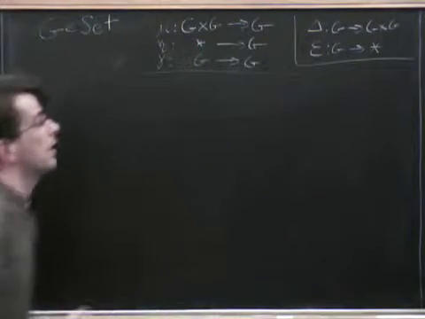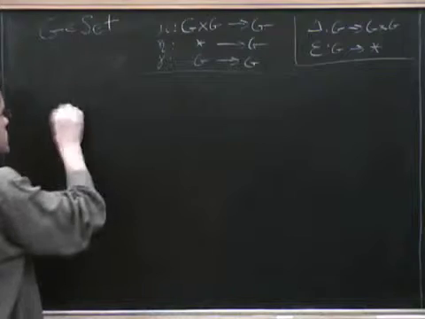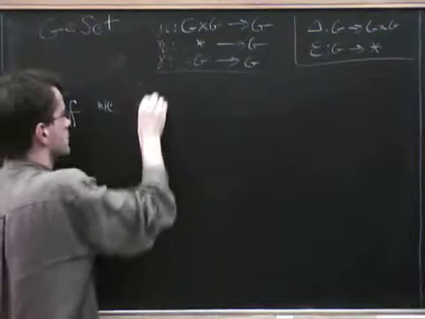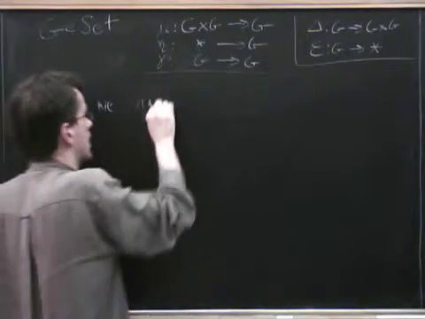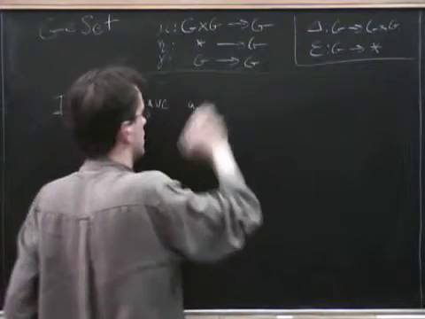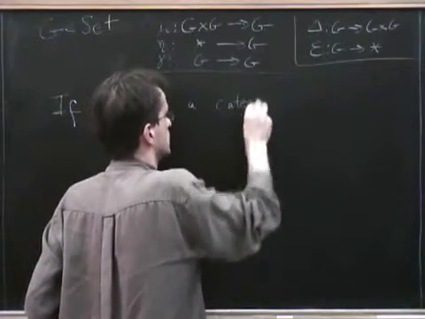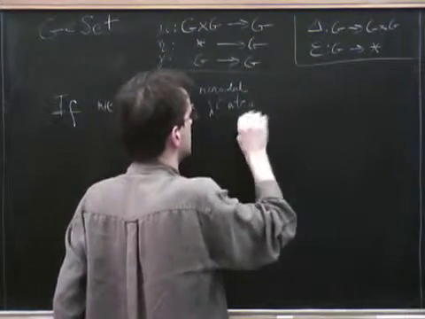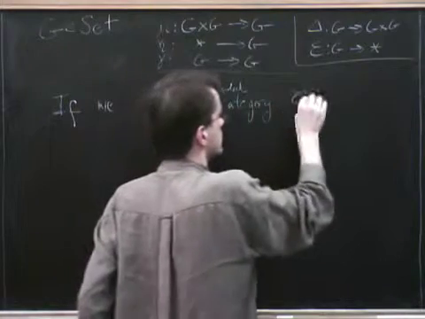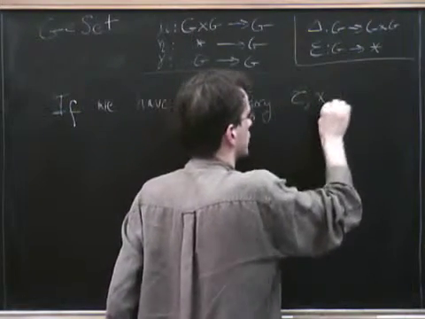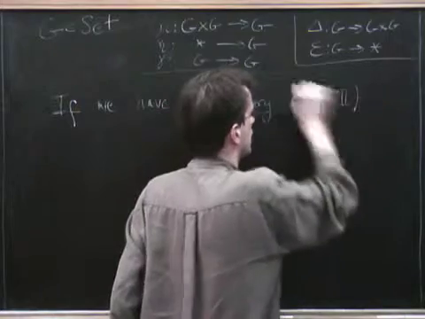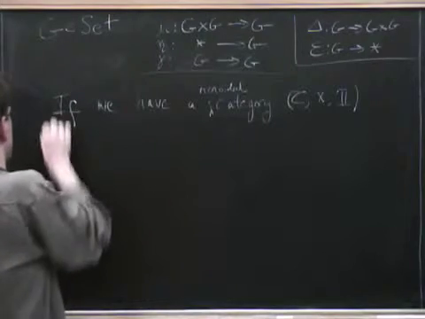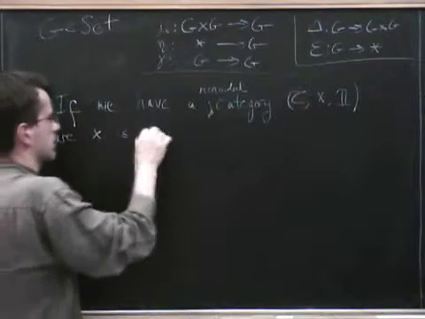So if we have a monoidal category C, let me write the monoidal product as a cross, just to emphasise the fact that the tensor product is a categorical product, where cross is the categorical product.